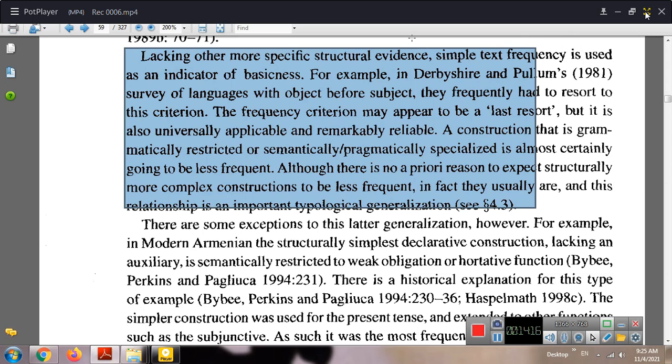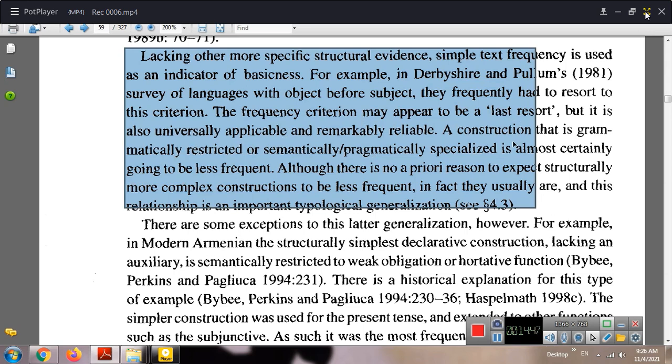For example, in Dryer's survey of languages with object before subject, they frequently had to resort to this criterion. The frequency criterion may appear to be a last resort, but it is also universally applicable and remarkably reliable.